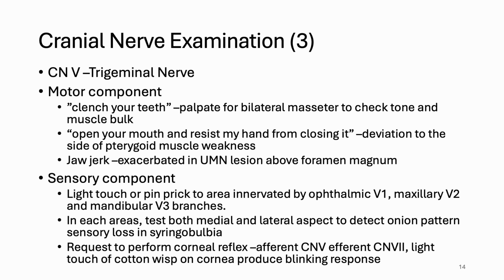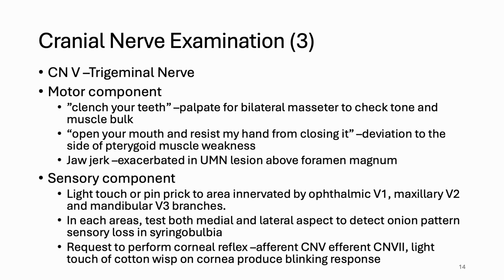You should perform a jaw jerk, which can be exaggerated in an upper motor neuron lesion above the foramen magnum. Next, the assessment of the sensory component of the trigeminal nerve. You should use light touch or pinprick to the areas innervated by the ophthalmic, maxillary, and mandibular branches of the trigeminal nerve.